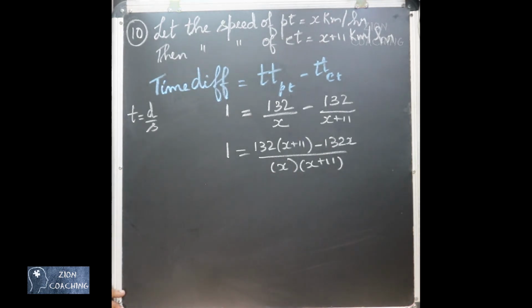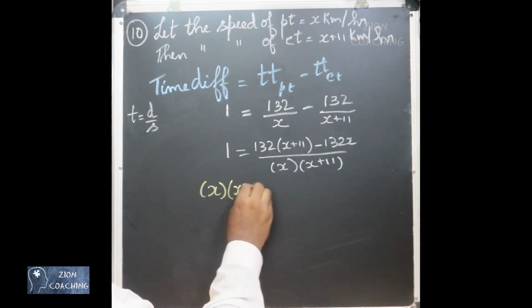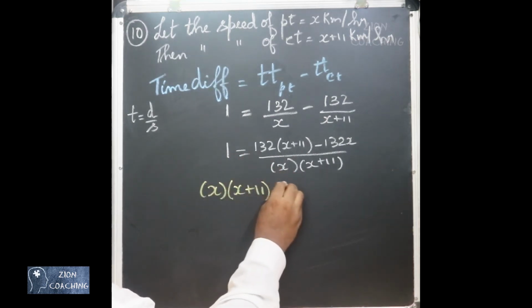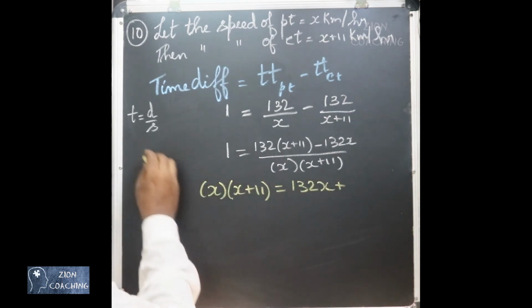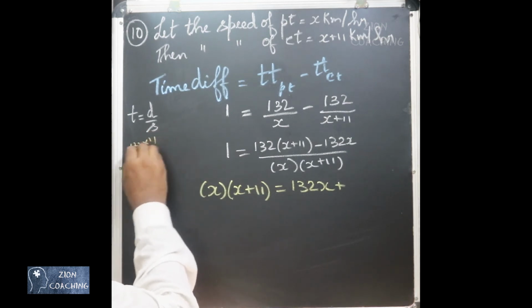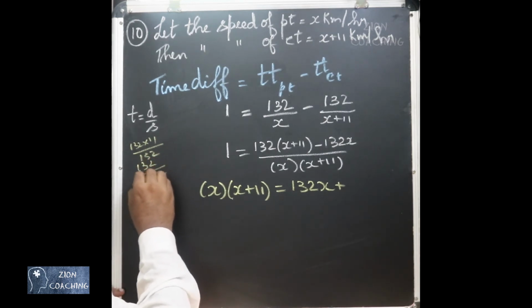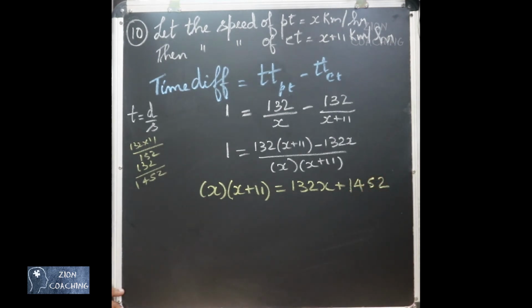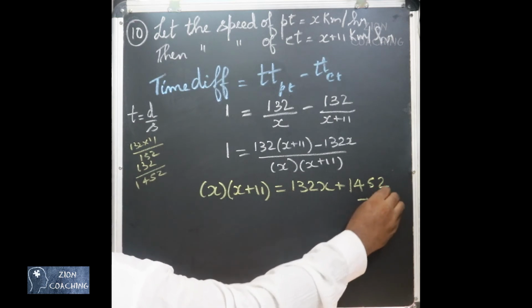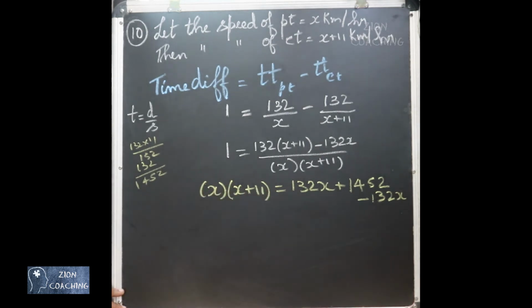Now when you solve, you will get x into x plus 11 equal to, I have brought this to this side, multiply inside: 132x plus 132 into 11, which is 1452, minus 132x, divided by that, we have already brought it here.